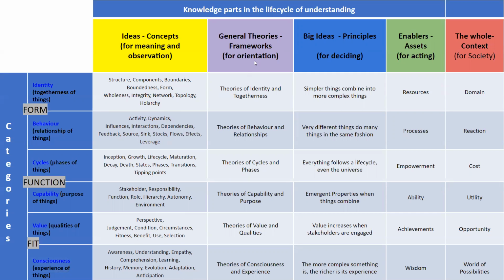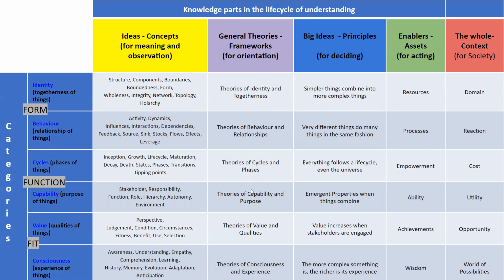Then this column would be essentially the placeholder and the area where we store theories about identity and togetherness. So for instance, our periodic table or our organized system types, that model would go here, because this is our understanding of the identity and the togetherness of things. So this would be our equivalent of the periodic table here. Theories of behavior and relationships would find their place here.